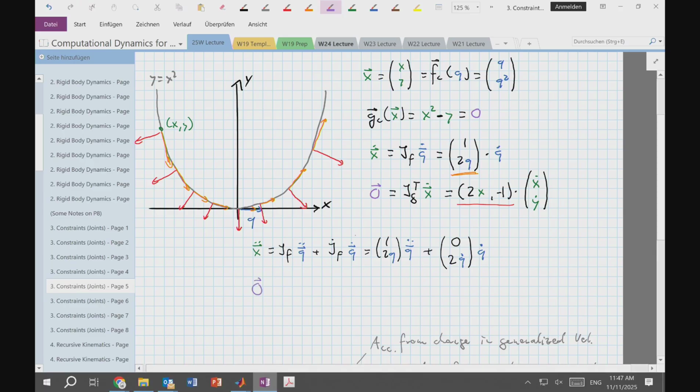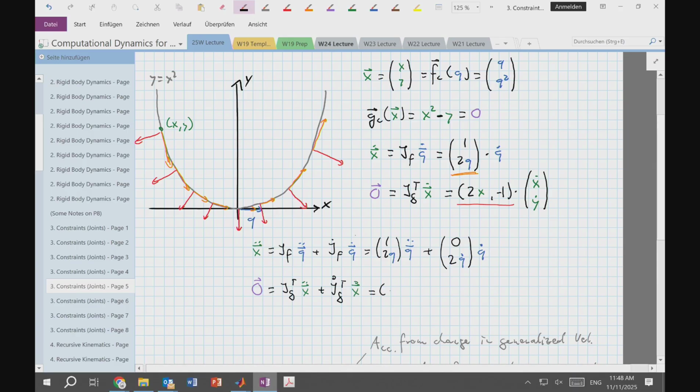For the implicit constraints, we have 0 being equal to Jg transpose times x double dot, plus Jg transpose dot times x dot.